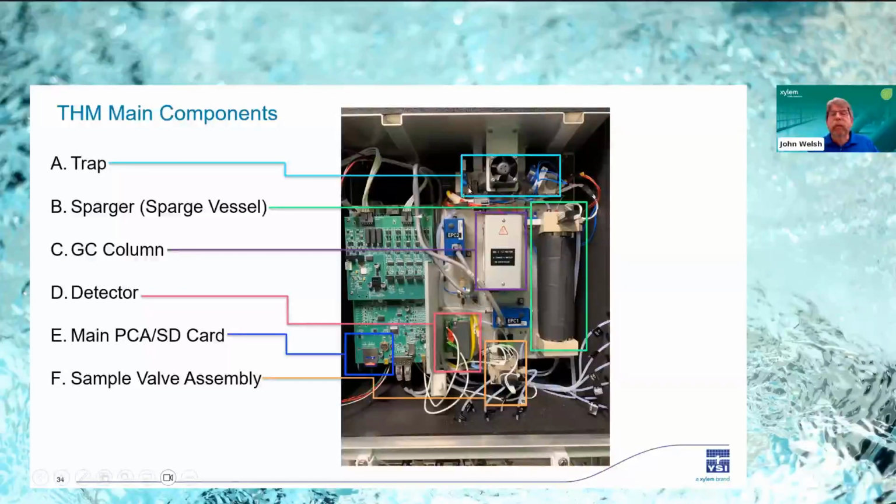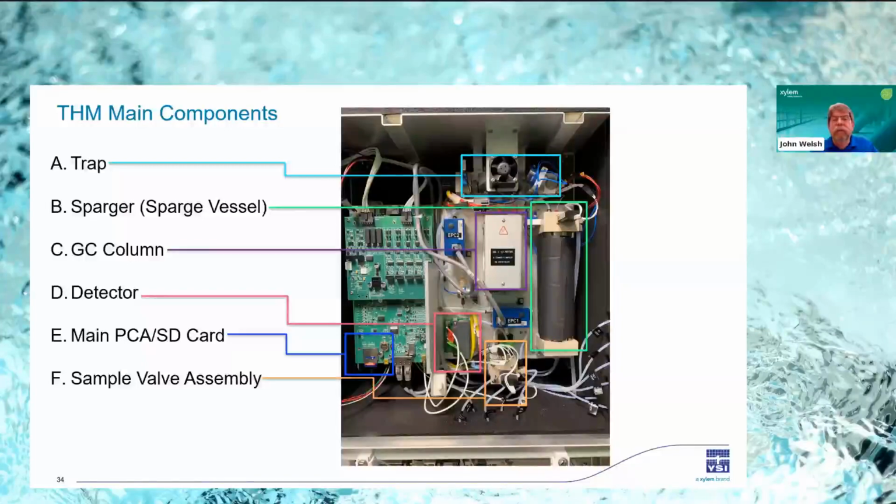It's a little bit difficult to see. It's right through there. The analytes are absorbed onto the trap. After that phase is done, then it is backflushed. The compounds are then introduced onto the front end of a GC column.